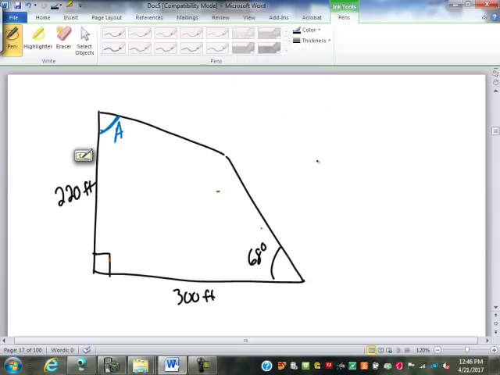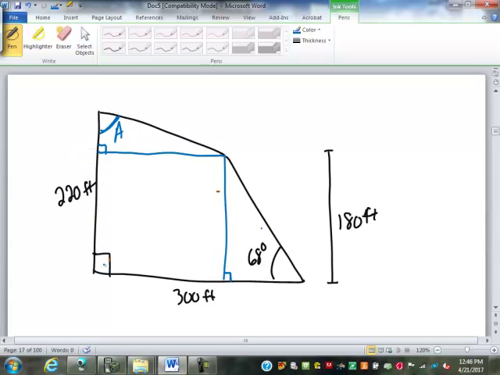You know what? I need to give you one more piece of information here. I'm going to tell you that this up here is, let's go 180 feet. So in the process of making triangles, it helps if I make rectangles with what's left over. Whenever I have a shape like this, if I can cut off the corners to make right triangles and leave behind a rectangle, that is very, very helpful.